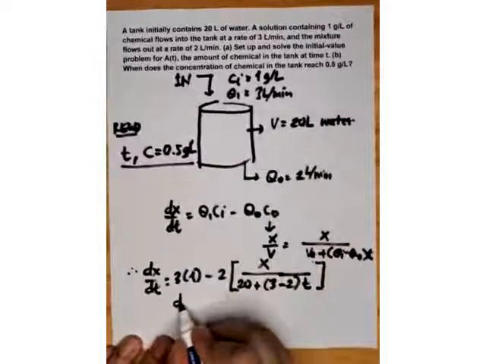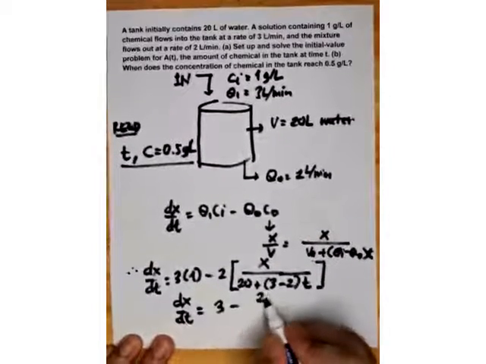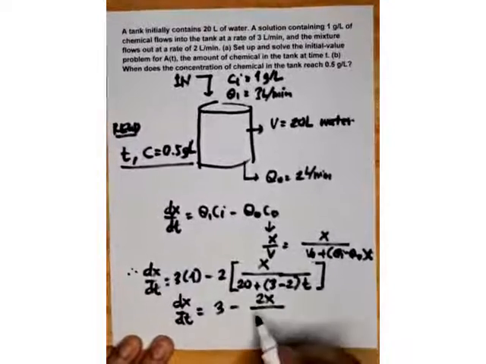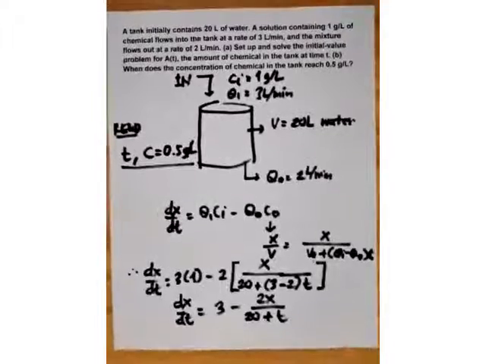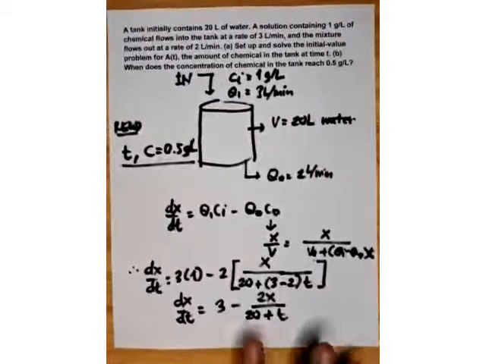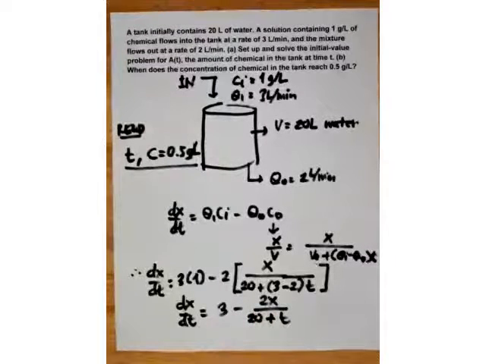Okay, so dx over dt is equal to 3 minus 2x over 20 plus t. Ayan, 20 plus t. Okay?